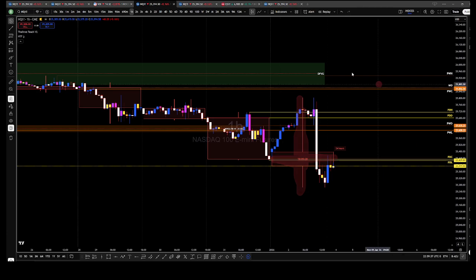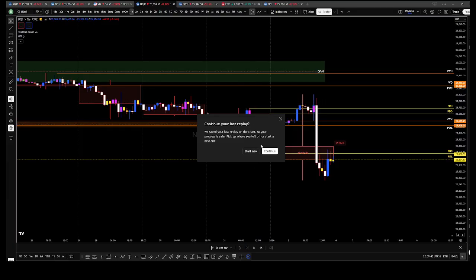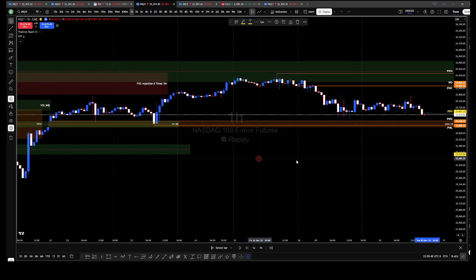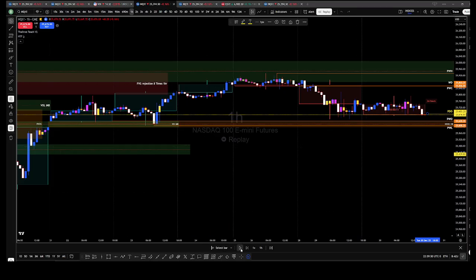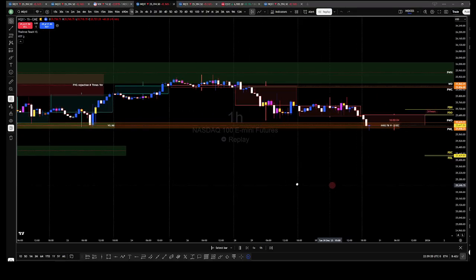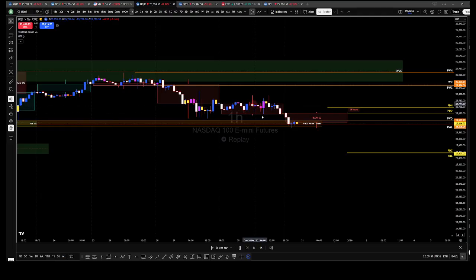Let's see. I want to replay so you can see how this forms. So let's play it. This is the previous day session, and this is the current. But see how the daily candlestick is forming, and this is how it shows in the 1 hour time frame.